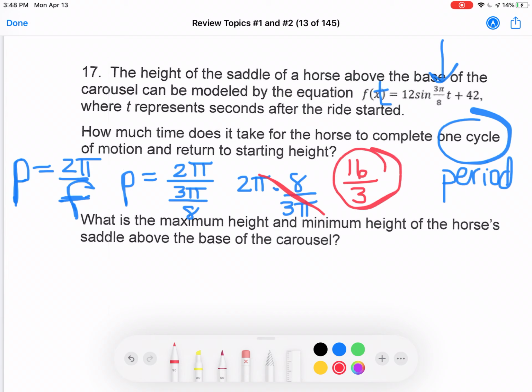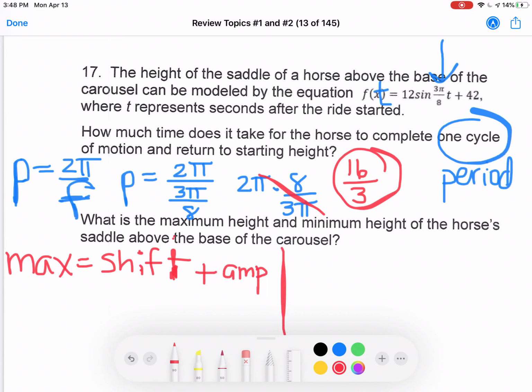All right, then the last little bit here. What is the max and the min? Okay, so do we remember our formulas? So the formula for max is the vertical shift plus the amp, and the min is the vertical shift minus the amp.